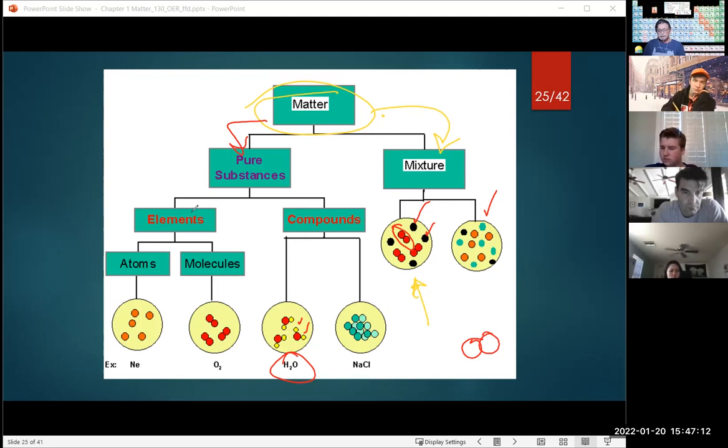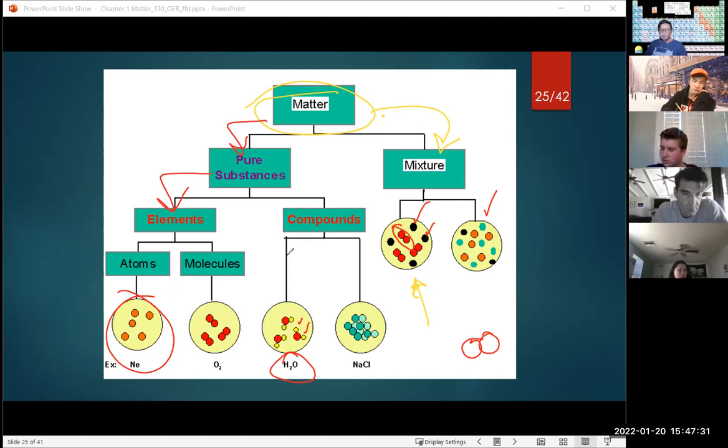Elements, on the left side here, could be pure atoms. In this case, Ne is neon. And then we have diatomic, two spheres again. Both examples are pure because there's nothing else in there.